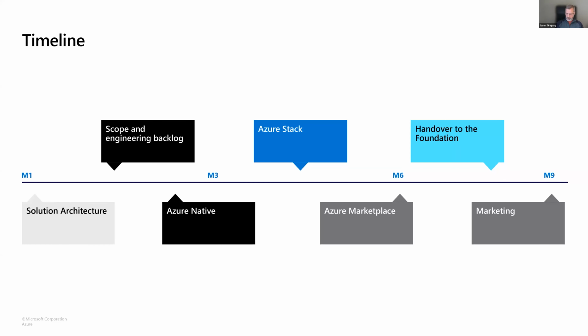And then our goal was to run Azure Native, Azure Stack, and Azure Marketplace within roughly a 6-month timeline. At which point we're going to do two things. One, all of these assets that we've built in how to build, run, operate Mojaloop on Azure and Azure Stack, have a transition to hand over those assets to the foundation, and then drive this marketing campaign, for want of a better word.